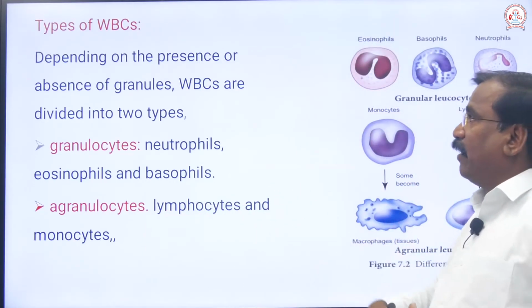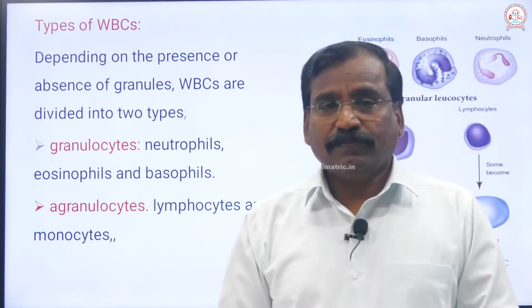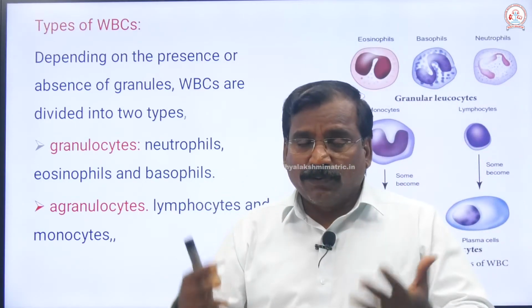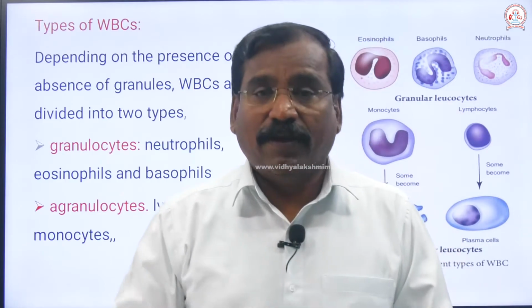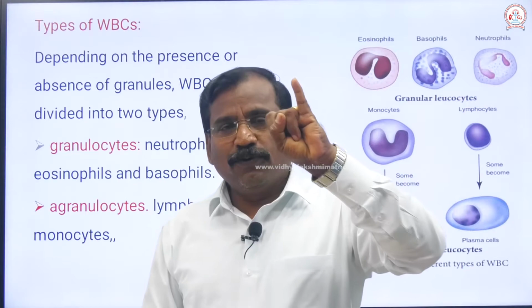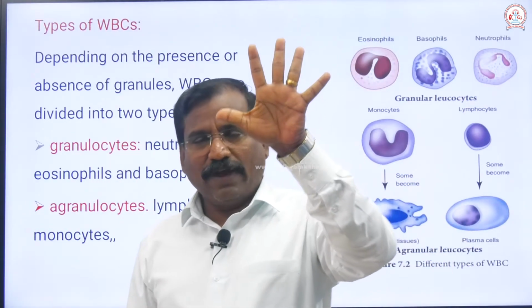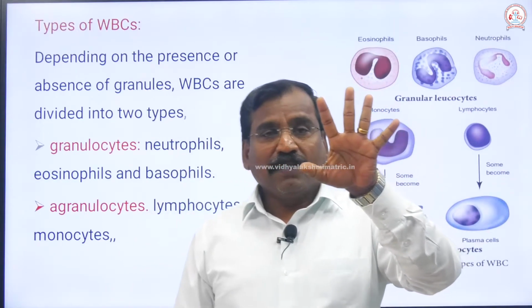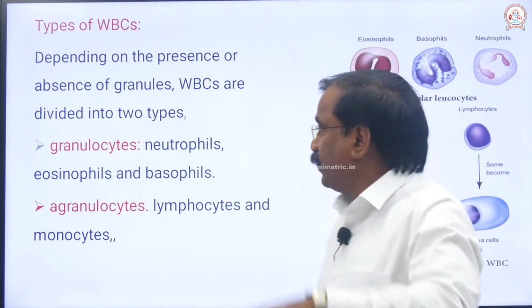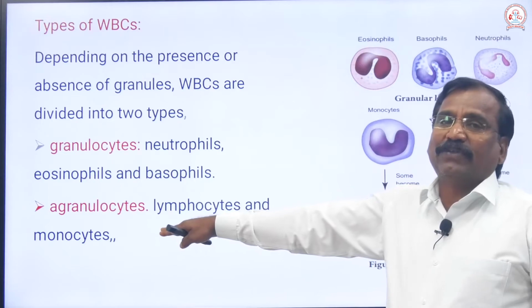Then this is the higher level, where WBC is further divided into types: neutrophils, eosinophils, basophils, lymphocytes and monocytes. There are 5 types of WBCs. These 5 types of WBC are further divided into 2 categories: granulocytes and agranulocytes.